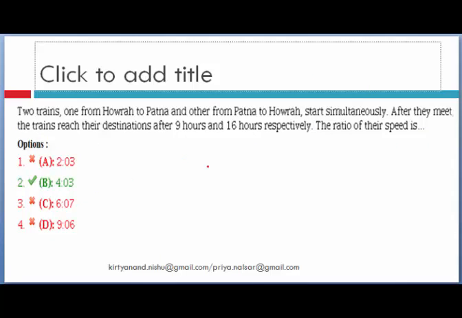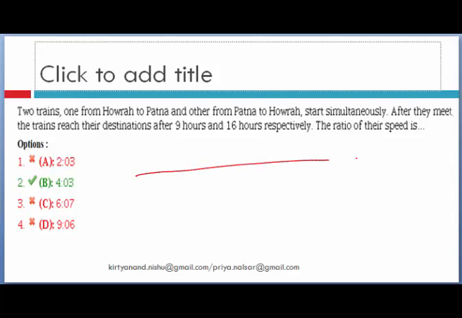Now this is a slightly tricky question, and it is definitely a time consuming question. So in the first attempt you must not try to attempt these sort of questions, because the data is kind of incomplete, and you must understand a few basic concepts and then only try to attempt these questions.